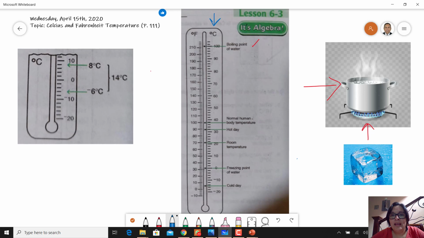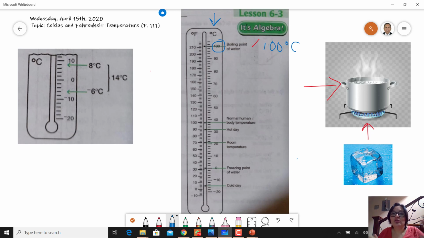At what Celsius degrees does the water start to boil? At 100 Celsius degrees. At 100 Celsius degrees, water starts to boil.